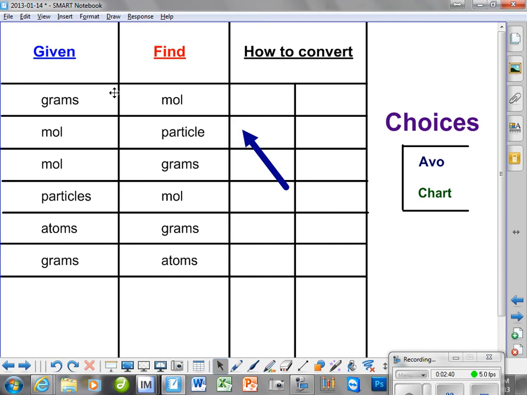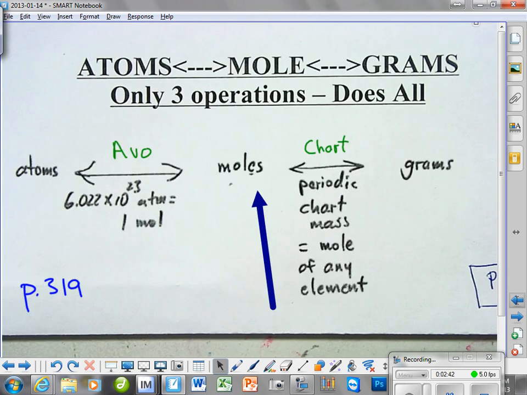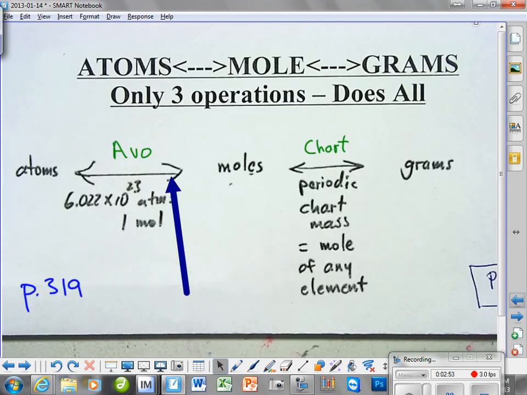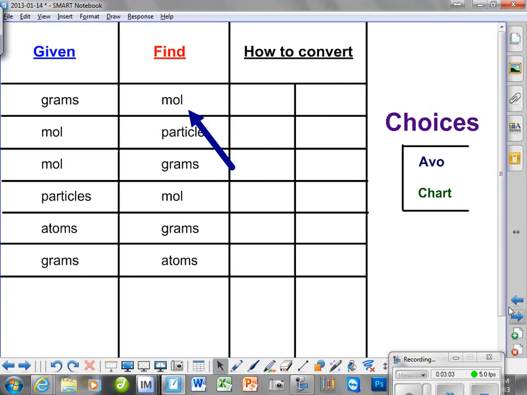We're going to do it by reference to this chart right here. So let's go back and look now to get grams to moles. If we go back here, we see grams is sitting over here and moles is sitting here. And all we have to do is the chart, and that will take us to how to convert. We only have one step.